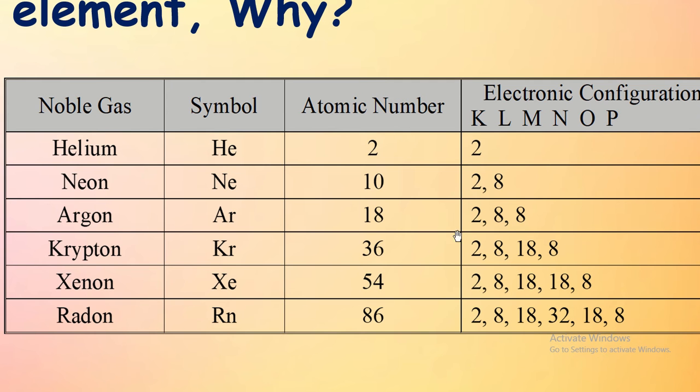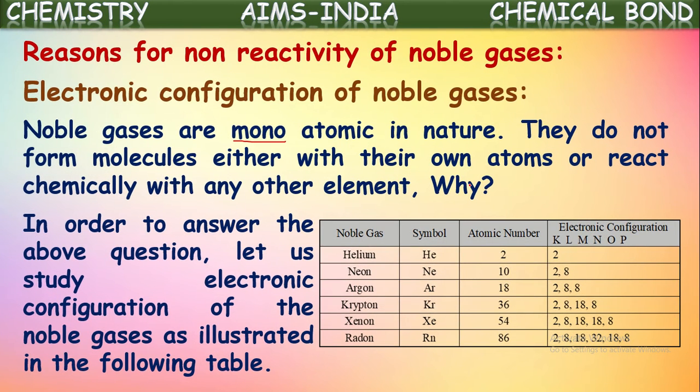If you observe the electronic configurations of all these elements, except helium, the remaining all elements have 8 electrons in their valence shell, isn't it? And helium has only one shell that is completely filled with 2 electrons. Okay, let us see the explanation for this.